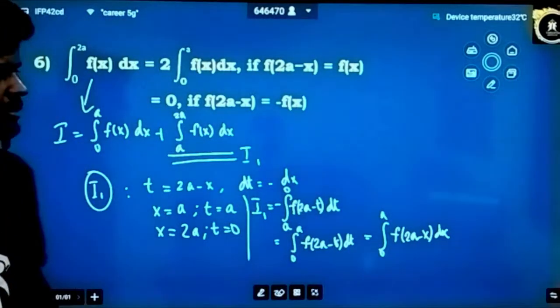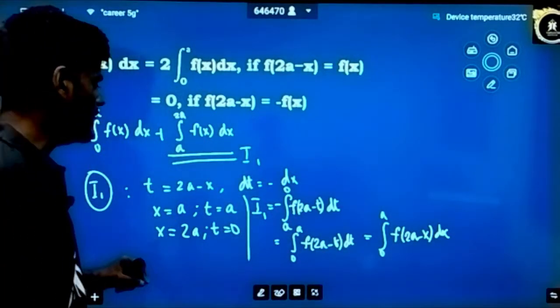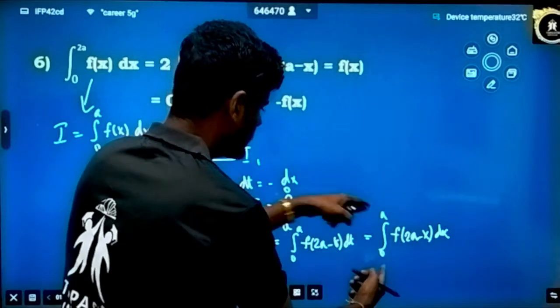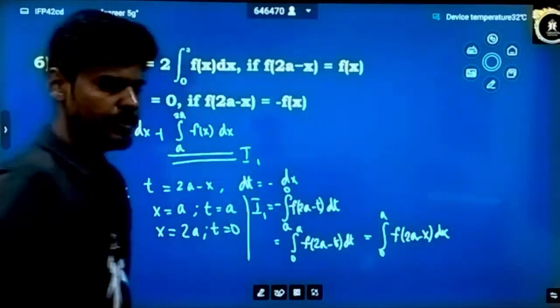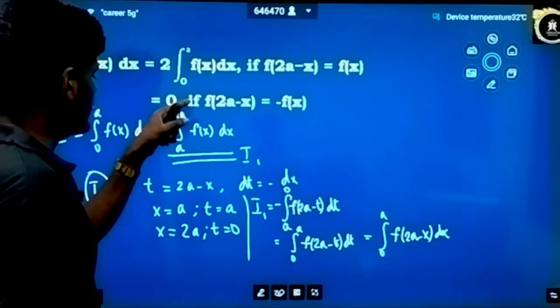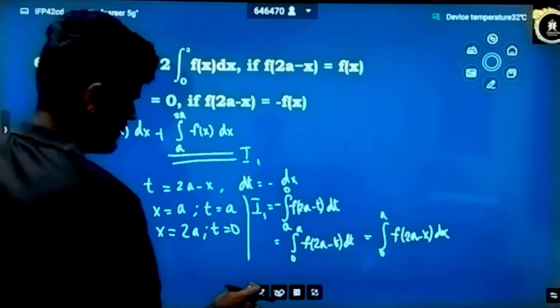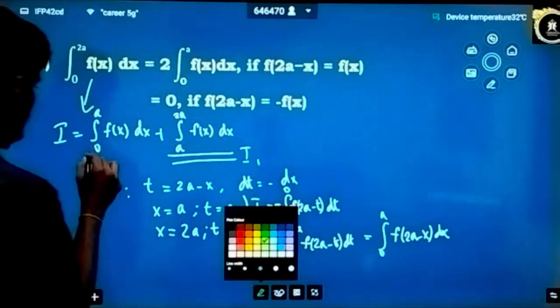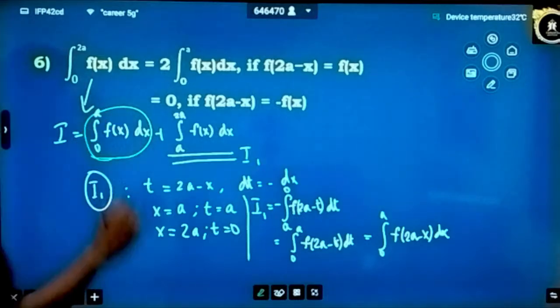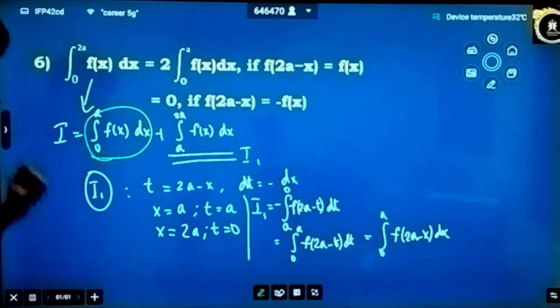We already know this. So from this we can observe that the first part is the integral 0 to a of f of x dx, which we already got.